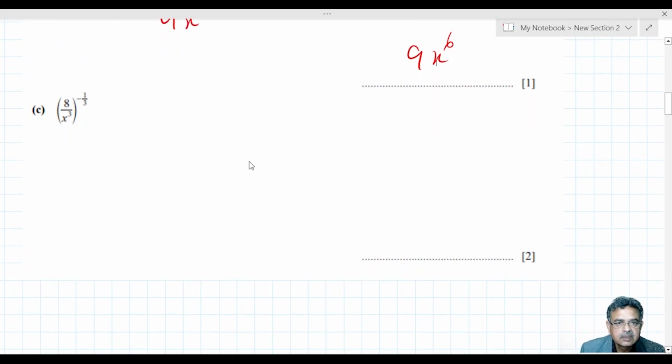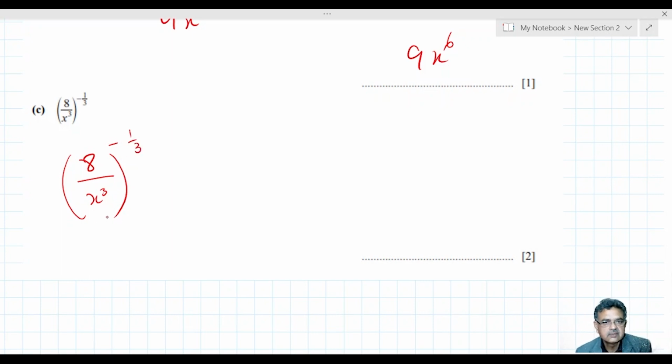Okay, now this is 8 over x cube, and the power is negative. I think it is negative 1 over 3. So in order to make it positive, we can write them upside down. The power will become positive.